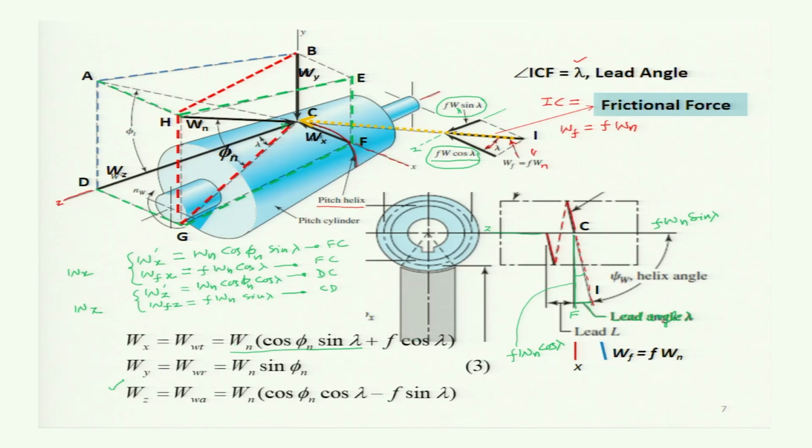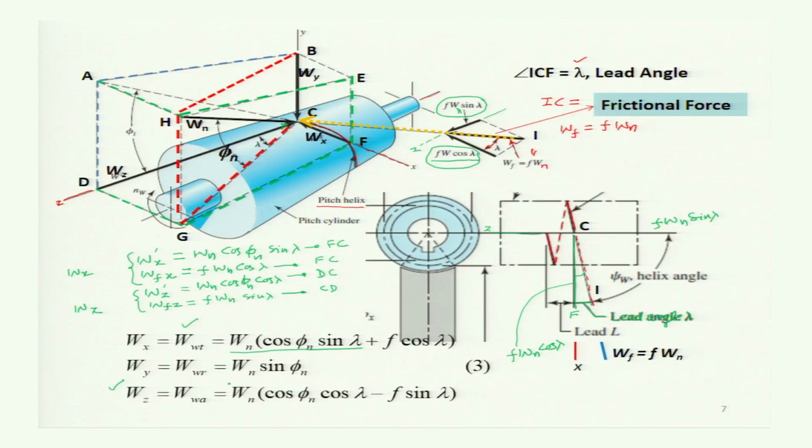So this complete force will be called the force on the worm in the tangential direction, WWT. This is the resultant force considering friction along the tangential direction, and the other is the resultant force considering friction along the axial direction on the worm.